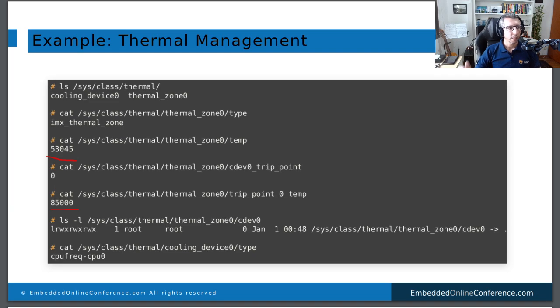So if the CPU reaches that temperature, it will trigger a cooling device that in this case is the CPU frequency. You turn the CPU frequency down, you scale down the CPU frequency to decrease the temperature of the CPU. So you can just configure that and let the kernel handle it. This is very nice.